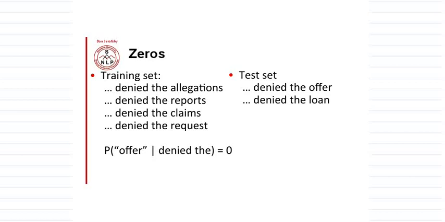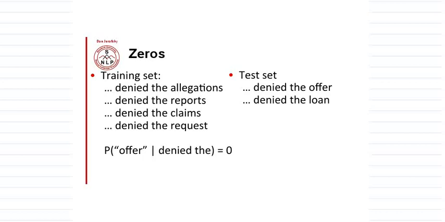And we want to find out the probability of denied the offer, that is P of offer given denied the. So this probability comes out as 0, because the count of offer along with denied the is actually 0.